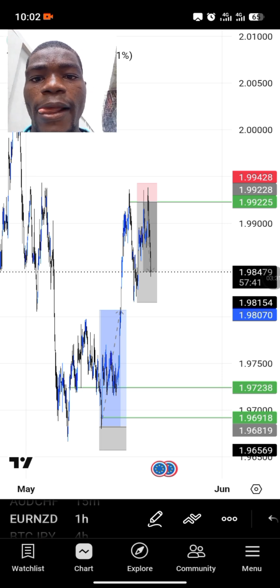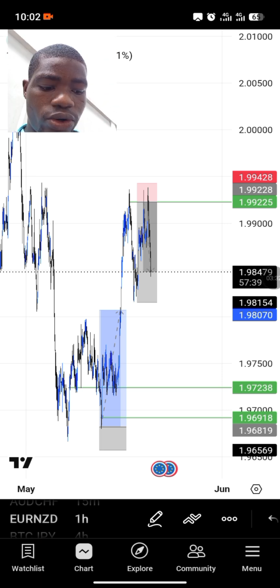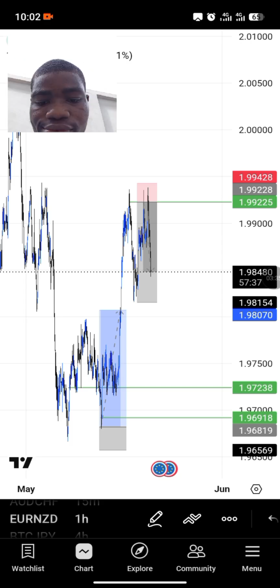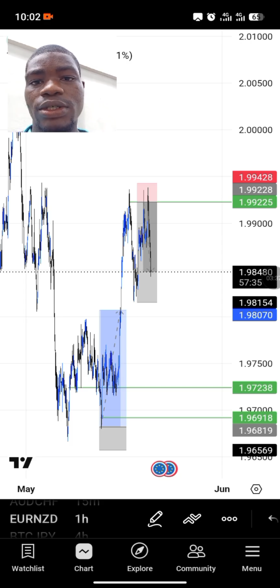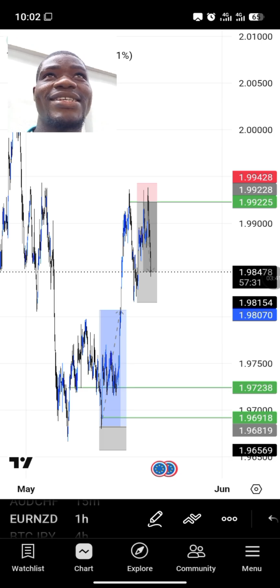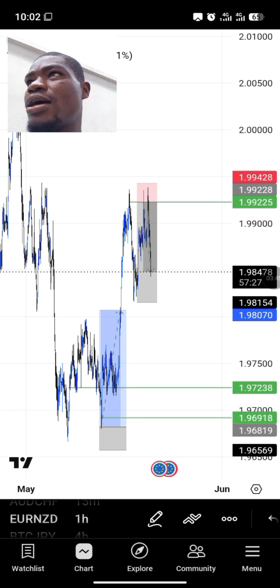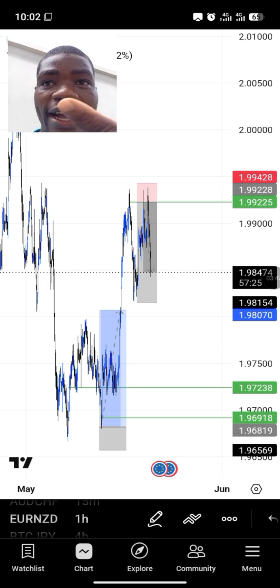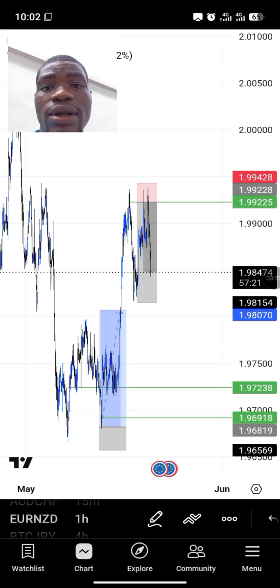So that's what I have on my account. Though it's small, my joy was that when I was about to close the trade, I thought about it: I deposited $13 plus, then I withdrew $12 plus.